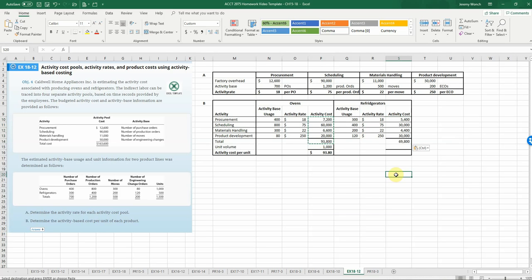Multiply these across, so we have total costs being allocated to refrigerators of $69,800, and they're going to make 500. So just divide that out. So we're going to allocate $139.60 of overhead for each refrigerator that we make.